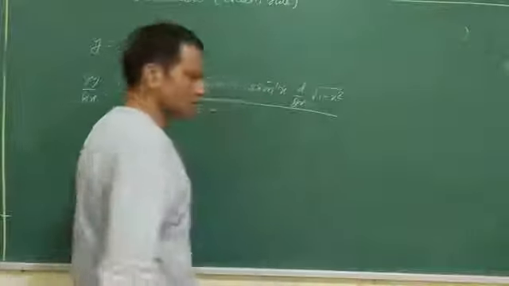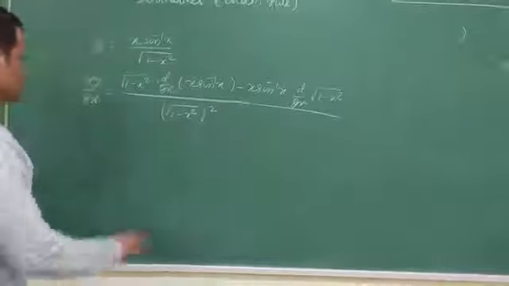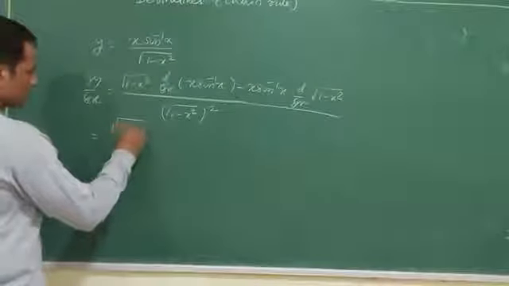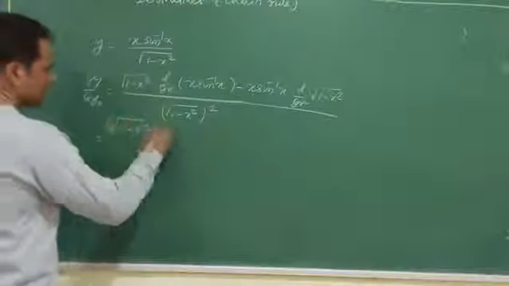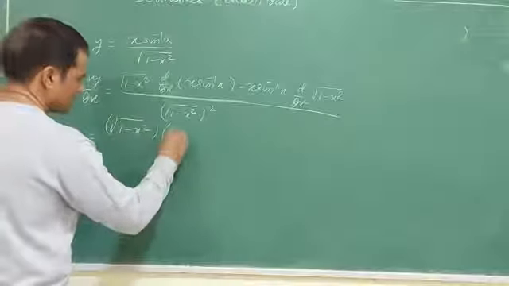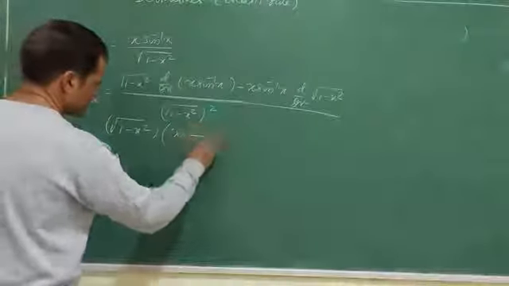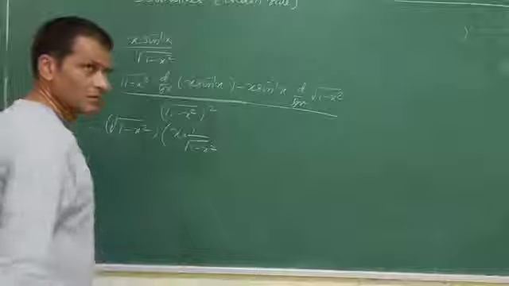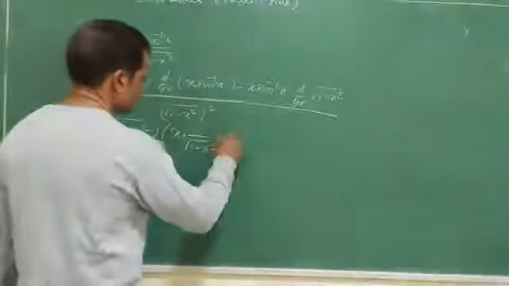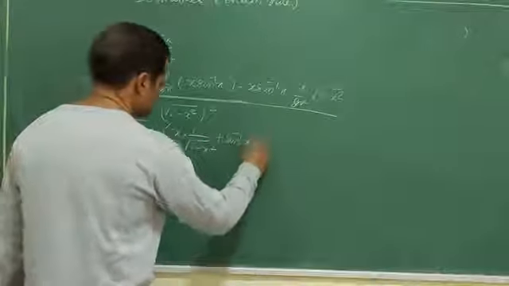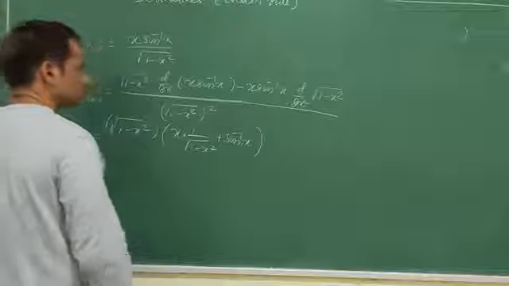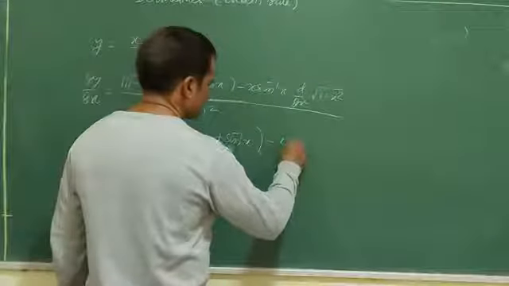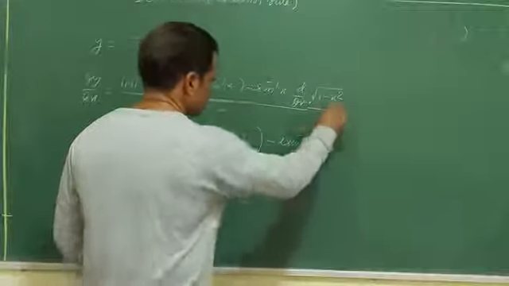So, quotient rule applied. Then 1 minus x square, product rule, x into sin inverse x derivative plus sin inverse x into x derivative is 1, that gives x by under root 1 minus x square plus sin inverse x. These are done so many times.